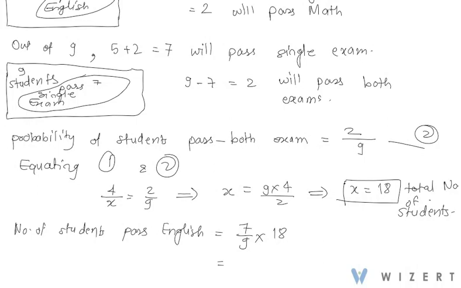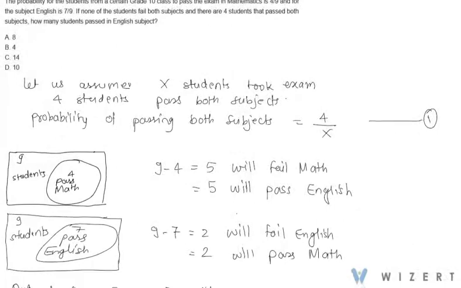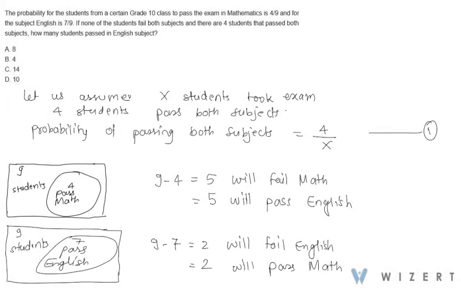So that is equal to 14 students pass English subject. So let's see what are the options. Answer is option C, 14.